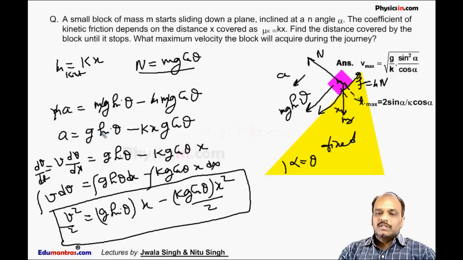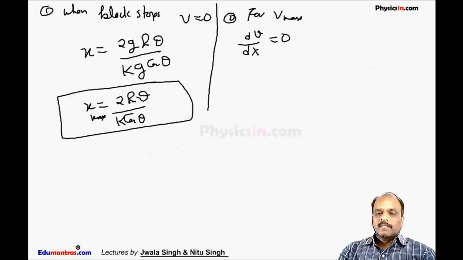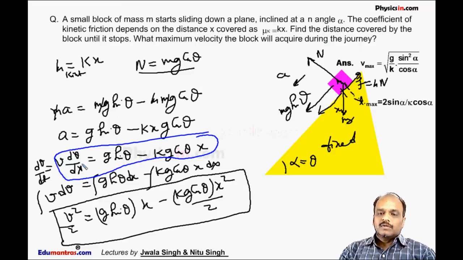So if I substitute dv by dx as 0, we get x as sin theta by k cos theta.